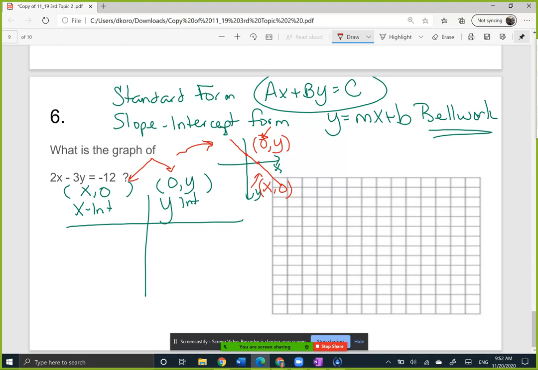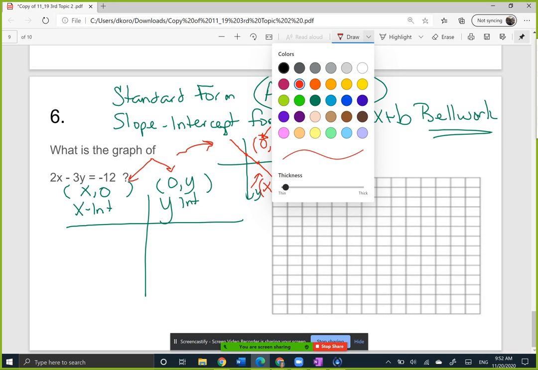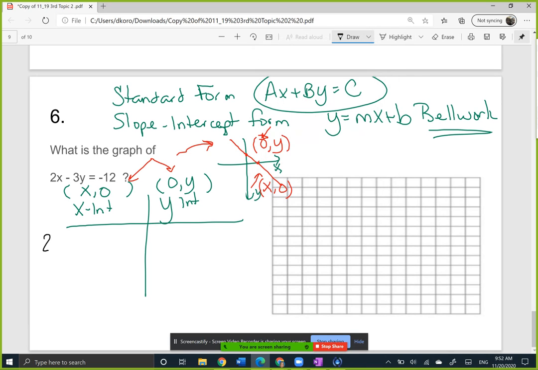All right, so for your x-intercept, let's rewrite the equation: 2x minus 3y is equal to negative 12. We're going to substitute 0 in for the y. So I'm going to get 2x minus 3 times 0 is equal to negative 12, so 2x is equal to negative 12.